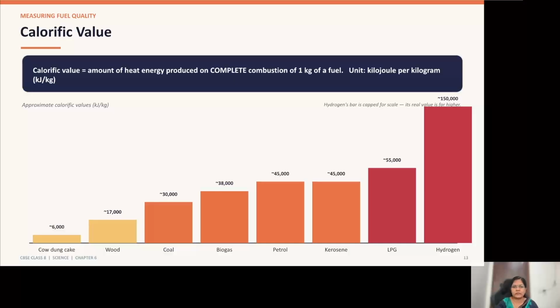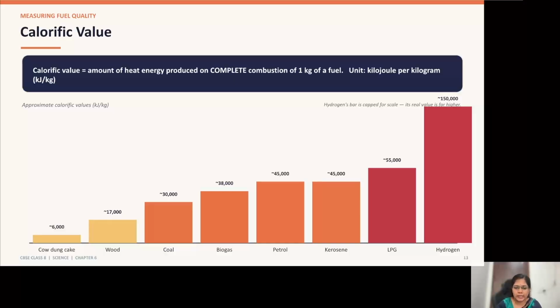What is calorific value? The amount of heat energy produced on complete combustion of 1 kilogram of a fuel is called calorific value, and it is measured in kilojoules per kilogram. Here you can see a graph showing calorific values of cow dung cake, wood, coal, biogas, petrol, kerosene, LPG and hydrogen.